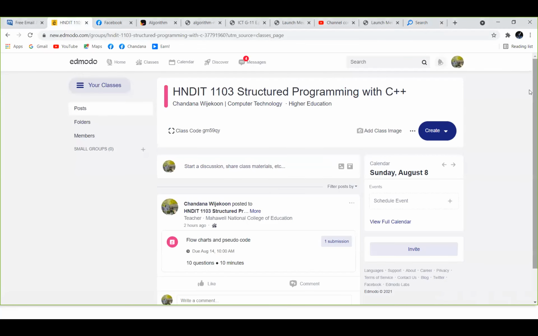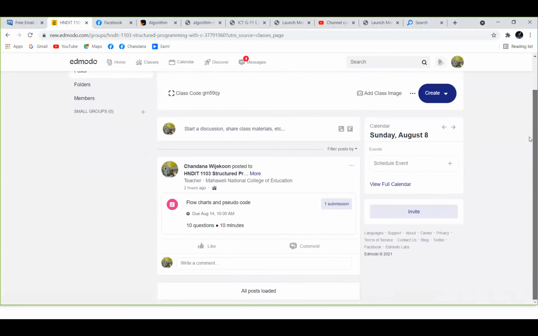In your Edmodo account, on the message wall, you will find a message like that. Can you see my screen, all of you? Can you see that message? Yes. In your Edmodo screen you will find the message: Flowchart and pseudo code, 10 questions.